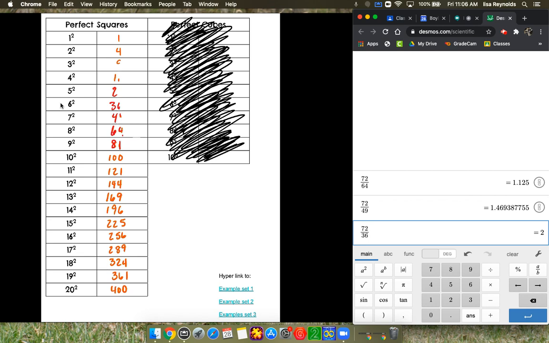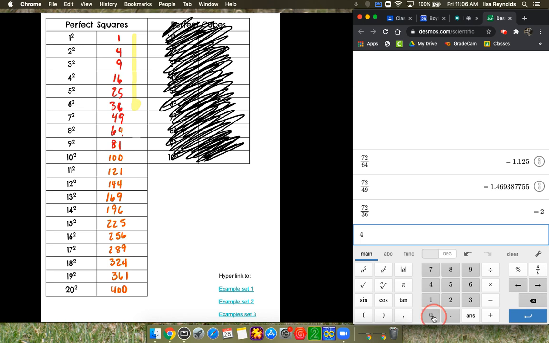Oh, shoot. Deleted some of that. So this is 1, 4, 9, 16, 25, 36, 49. Okay. So we're going to start with 36 because that's our first perfect square smaller than 40, and work our way up.